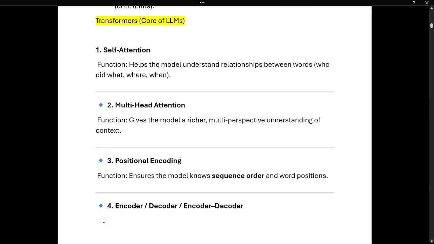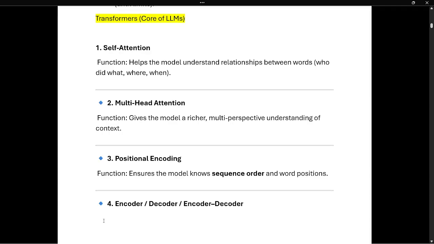Now the third thing is positional encoding. What is positional encoding? Suppose you shuffle the words: dog bites man or man bites dog. They have different meanings. So the meaning changes, but attention by itself does not know the order.